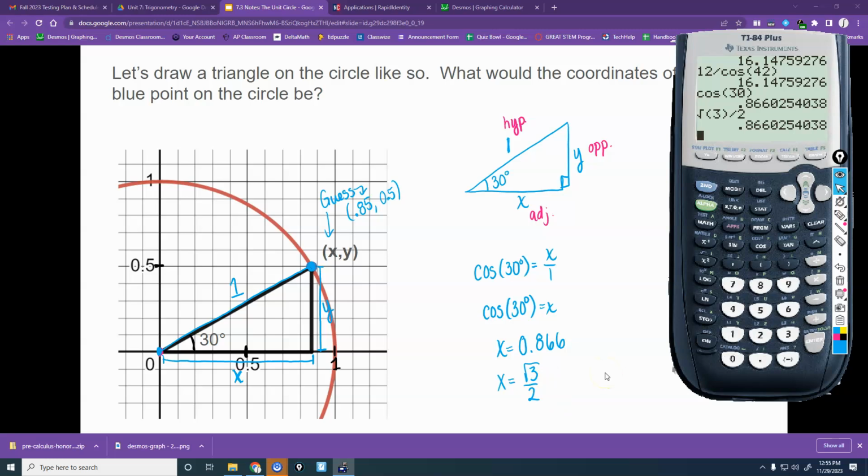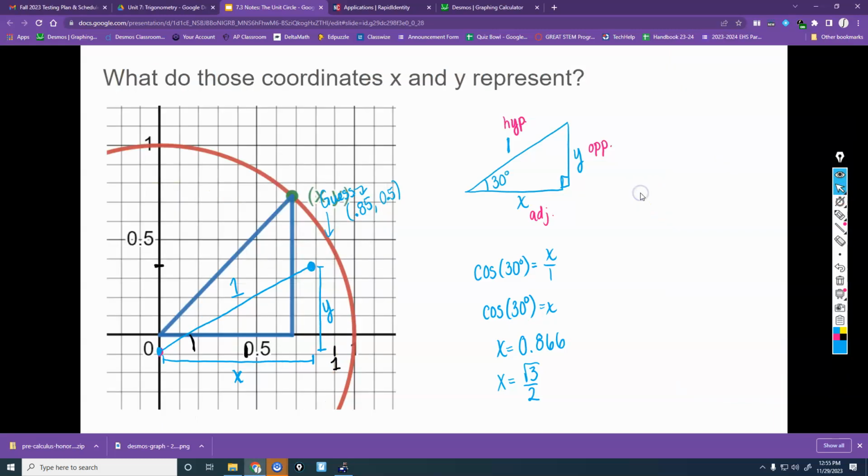The good news is that the other one is a little bit friendlier because over here, when I want to find y, it is opposite over hypotenuse. So I will do sine of 30 degrees, and that will equal y over 1. So I just have to type in sine of 30, which is going to equal y.